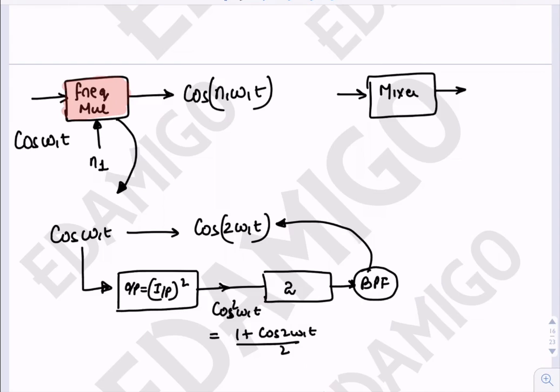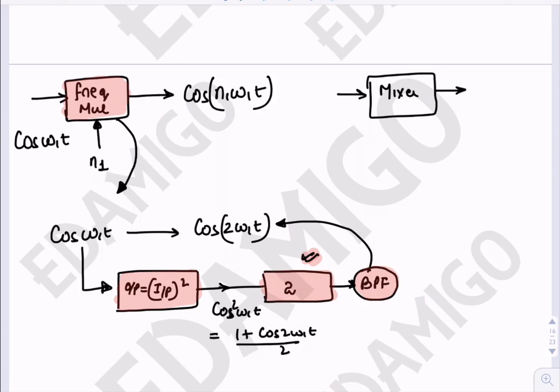So whenever in any interview anyone asks you what a frequency multiplier is, we can easily say that a frequency multiplier is simply a nonlinear device followed by an amplifier, or we do not even need an amplifier, we just need a band pass filter which has a pass band gain of 2.